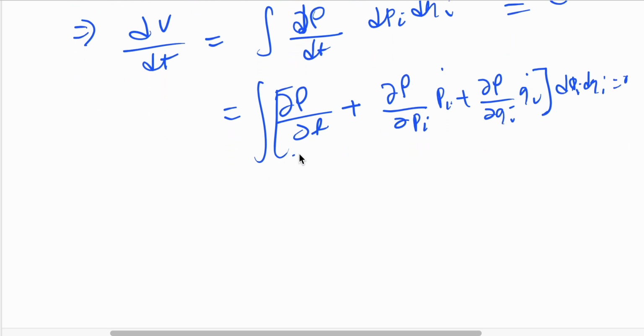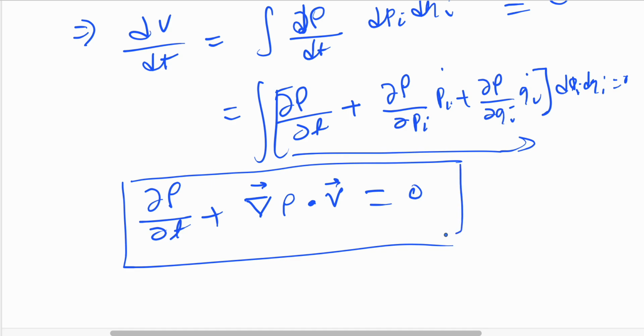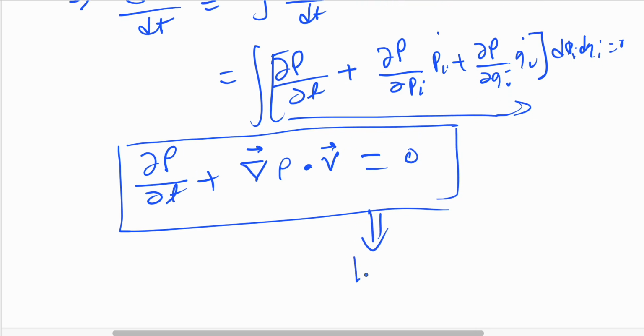So this should be 0, which is nothing but del rho del t plus the gradient of rho dot the velocity field equal to 0. This is actually the Liouville equation.